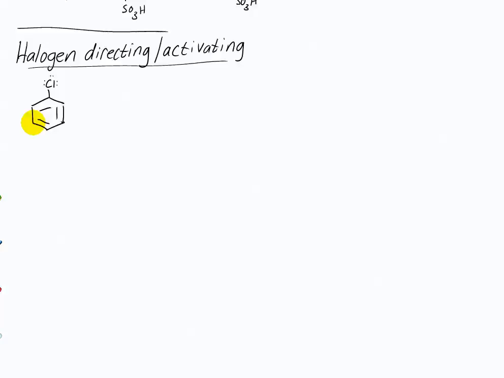Halogens, being somewhat electronegative, pull electron density toward them, and they tend to stabilize negative charges and destabilize positive charges.